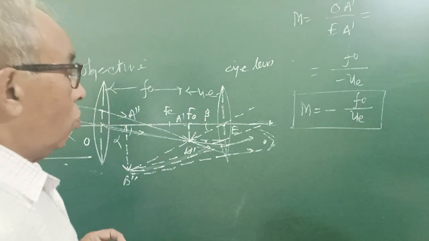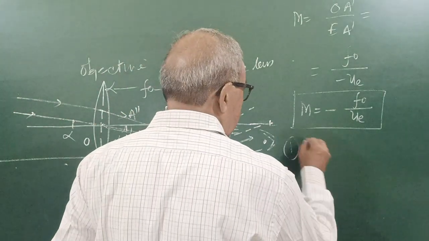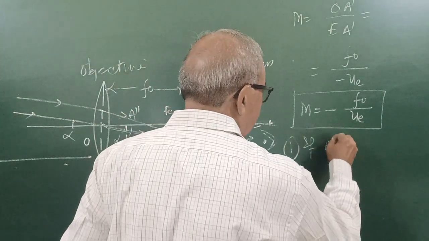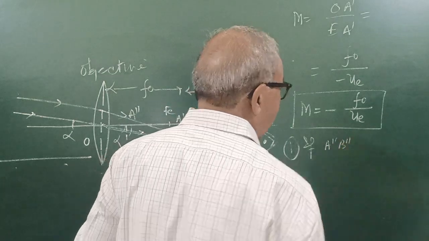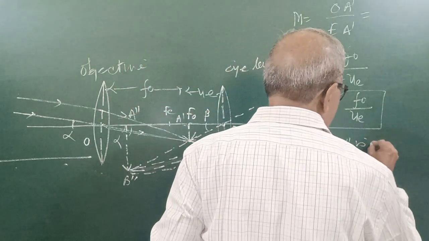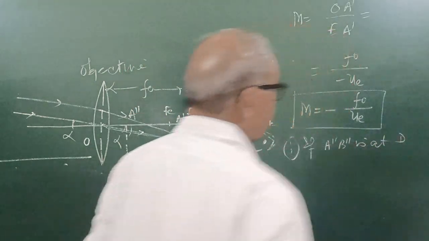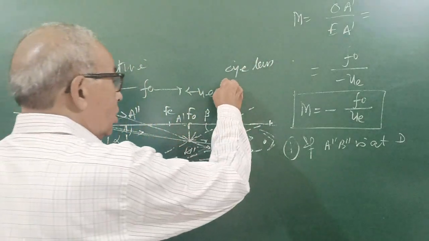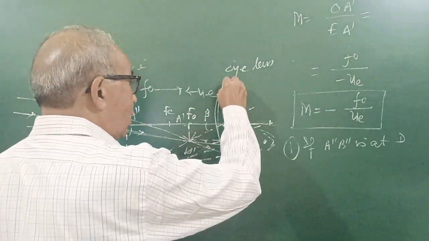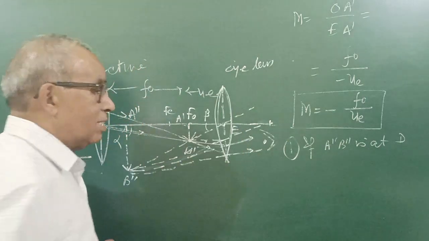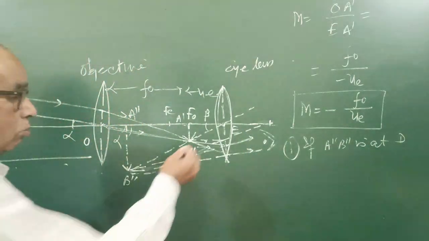Now there are two cases again. If A double dash B double dash, that is the final image, is at D, this image A double dash B double dash is formed by the eye lens at distance D from itself.